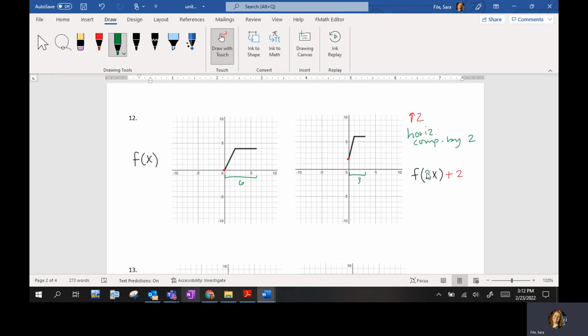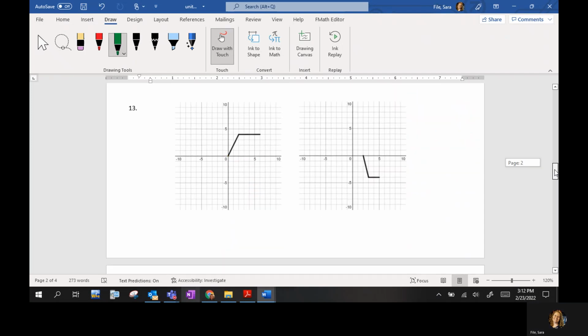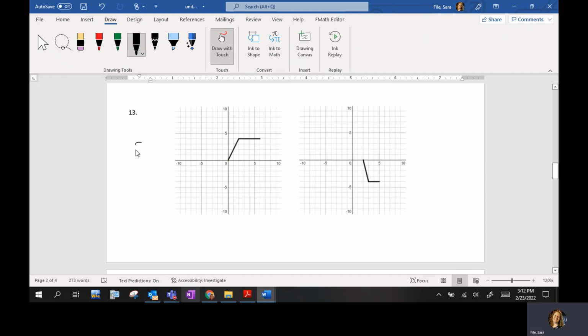So remember, inside the function is horizontal changes, outside the function is vertical changes. So that's what we were looking for there. And then last but not least, this one has been reflected. So a flip over the x-axis.